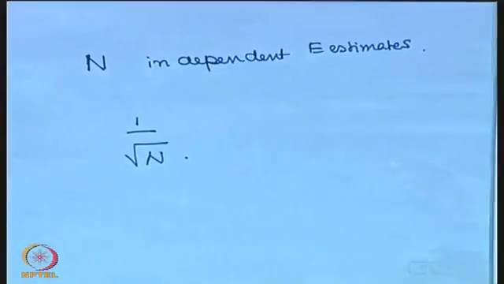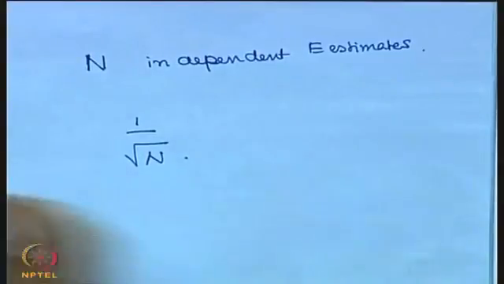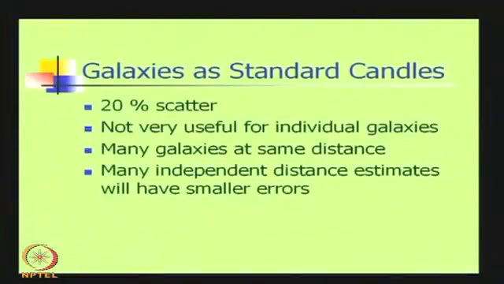If I combine two measurements, the error goes down as 1 by root 2: the variance adds, and then it gets divided by 2, the whole thing. The variance adds up and the signal also adds up.